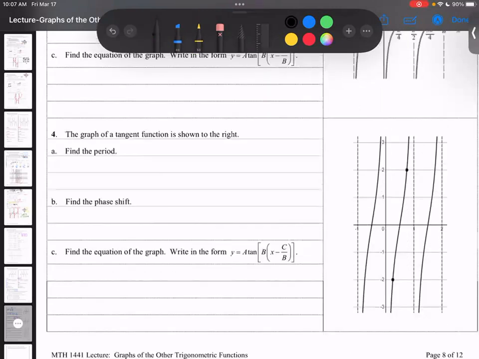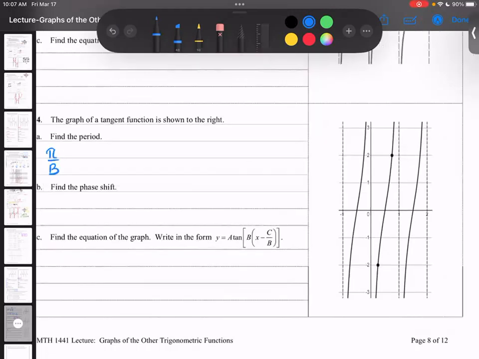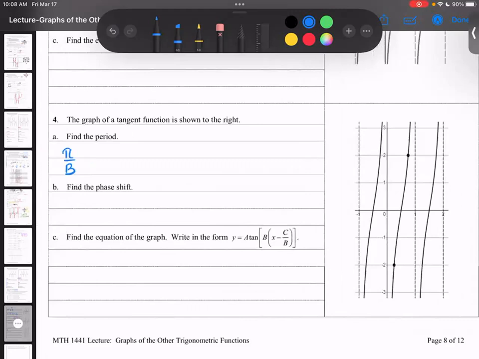All right, number 4, they give you the graph and they want you to come up with an equation. First, find the period. So you know the period is pi divided by b. Well, yes, the period is pi over b, but I don't have an equation to look at, so I have to look at the graph for the period, which is the distance between two consecutive vertical asymptotes.